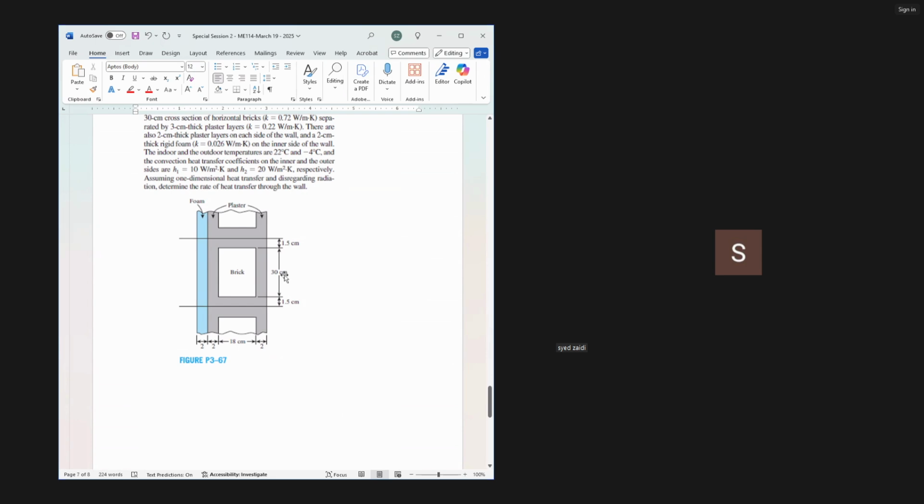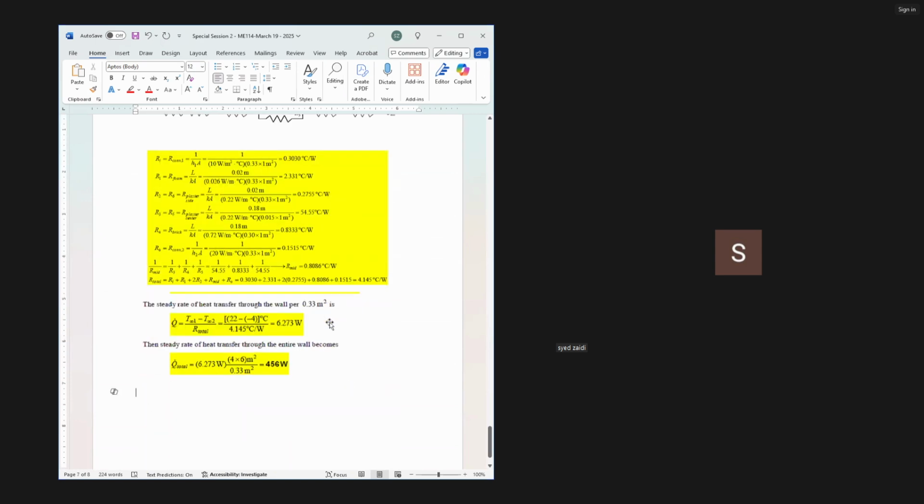So this is 30 multiplied by 26, so it is 33 centimeter. If you do that, you will get your 0.33 meters square. So you have to divide the total area by this one because this Q dot is for 0.33 meters square.